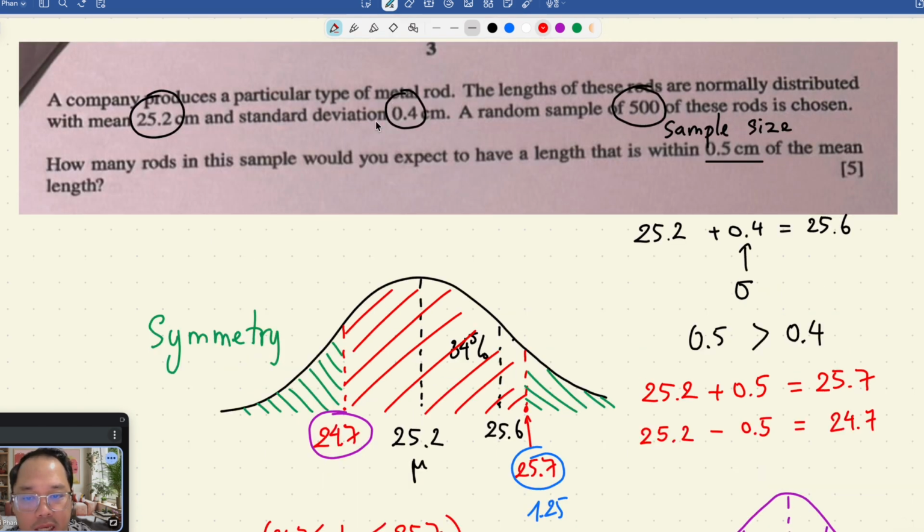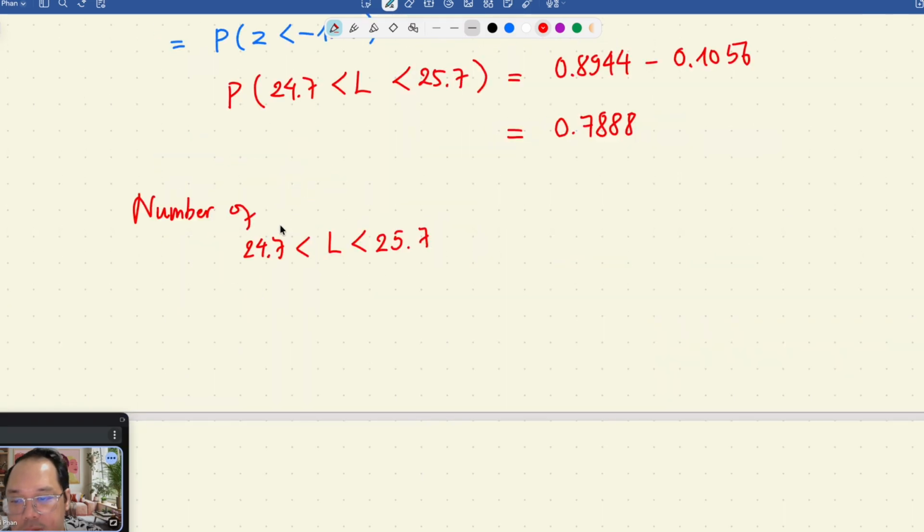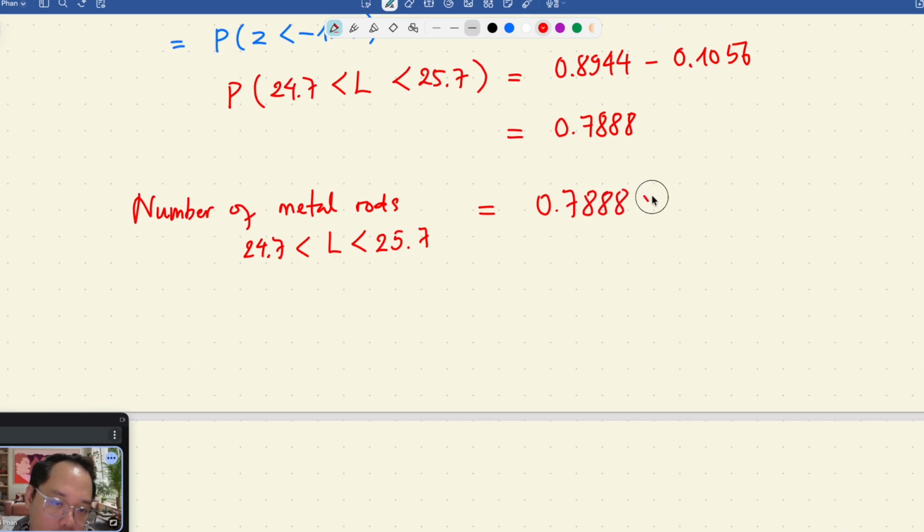Oh, sorry, not tree, metal rods. Okay, 25.7 centimeter. The number is this probability 0.7888 multiplied by the sample size 500. This is the answer, 394.